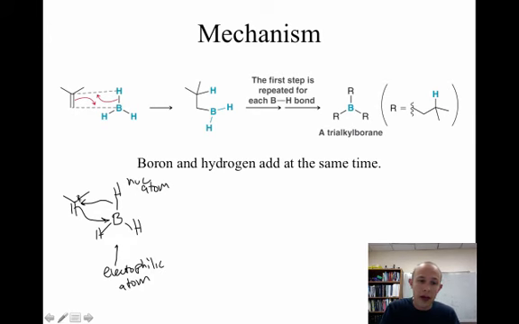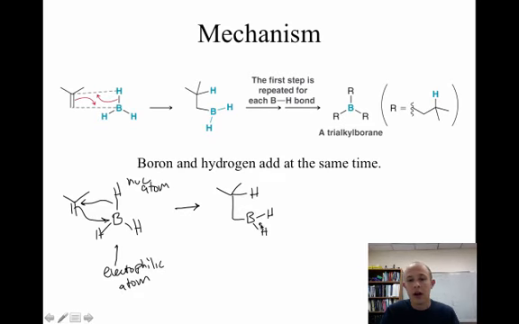So the nucleophilic atom always goes to the more substituted carbon, and the electrophilic atom always goes to the less substituted carbon. So what do we get here? We get hydrogen on the more substituted carbon, and we get boron on the less substituted carbon.